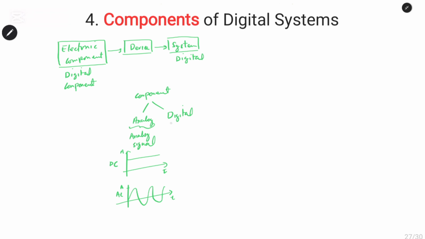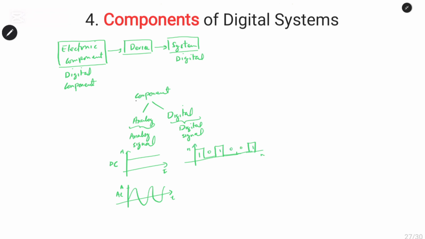And when we talk about a digital system, it deals with a digital signal. And we all know that digital signal is in terms of binary, it will have high and low. For example, 101, 001.